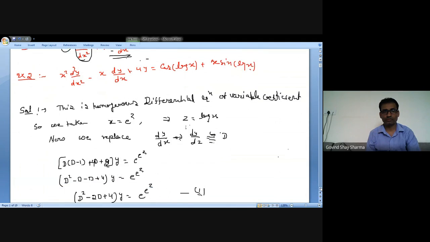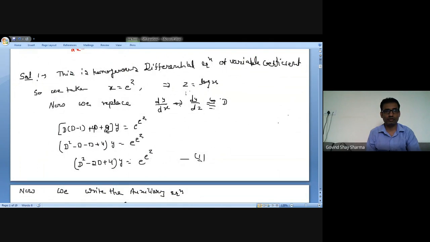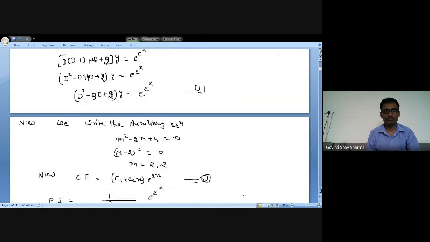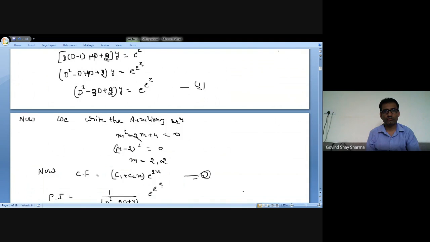Sorry, by mistake we wrote 4D here; we should write 2. The roots of the equation become m squared minus 2m minus m plus 2, so we get (m minus 2)(m minus 1).